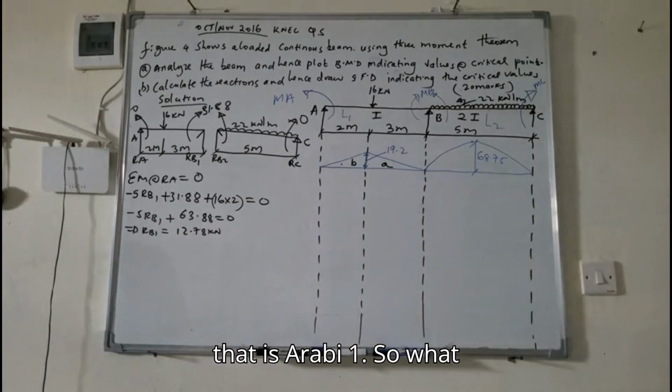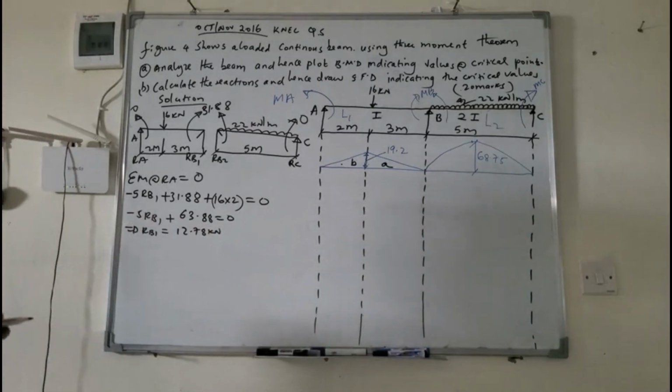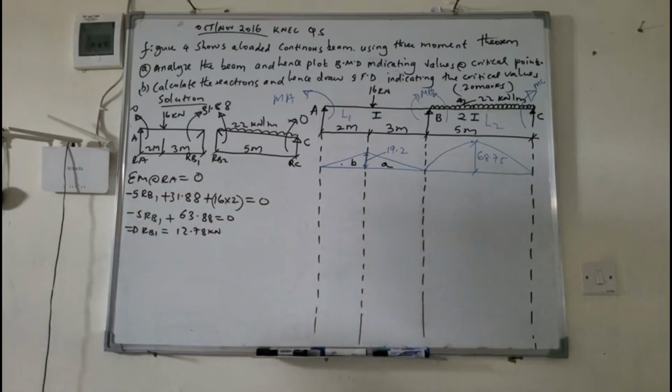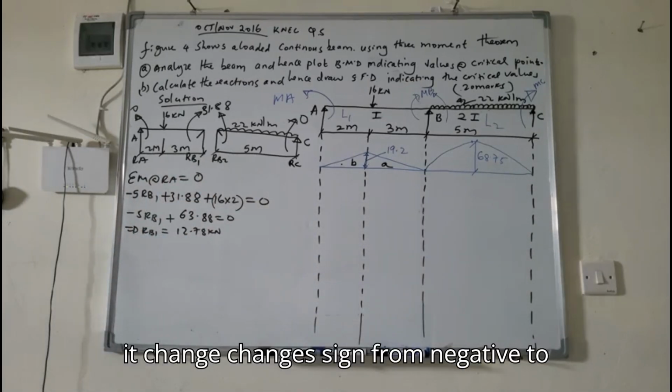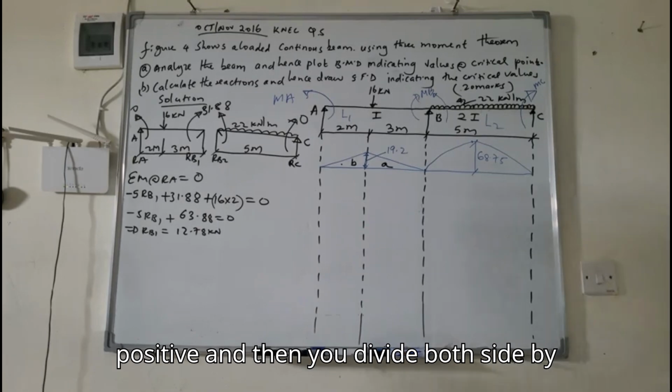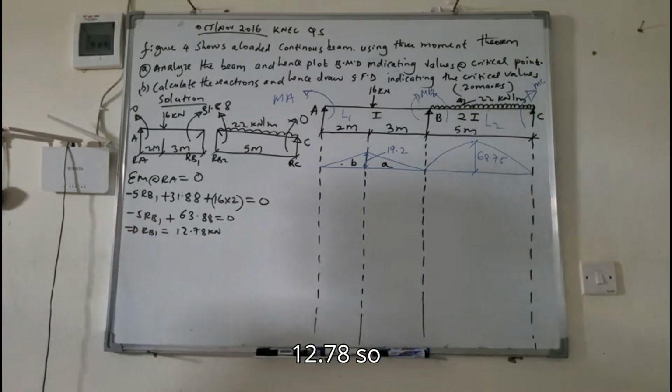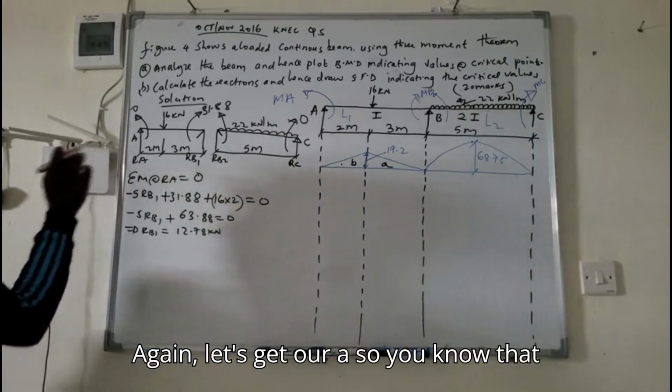That is RB1. So what I have just done here is to get this one cross to the other side. It changes sign from negative to positive, and then you divide both sides by 5. You'll get 12.78. So again, let's get RA.